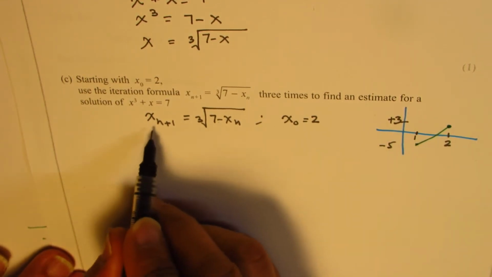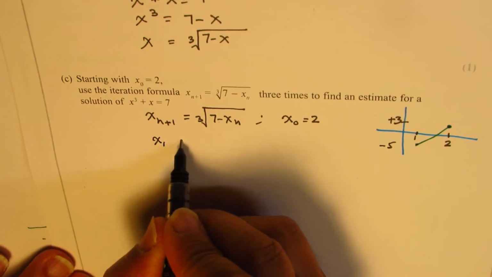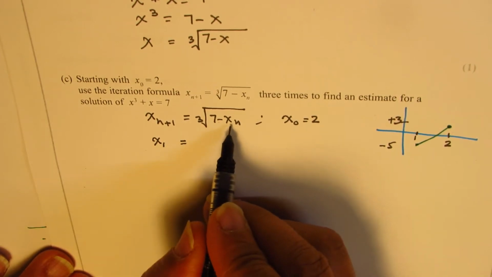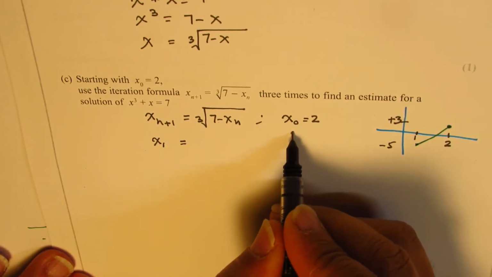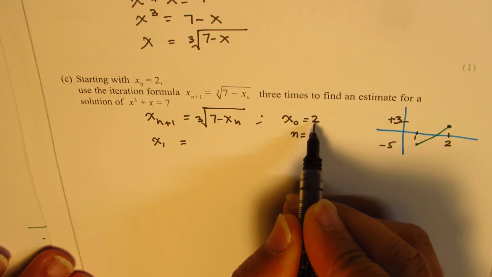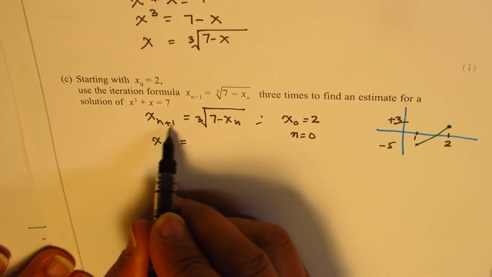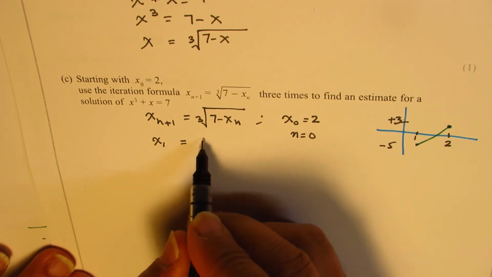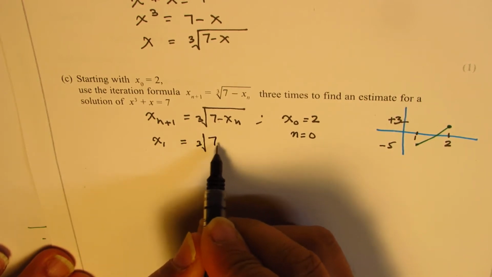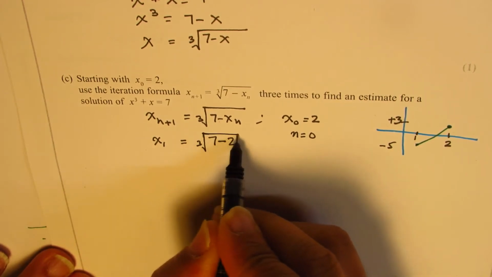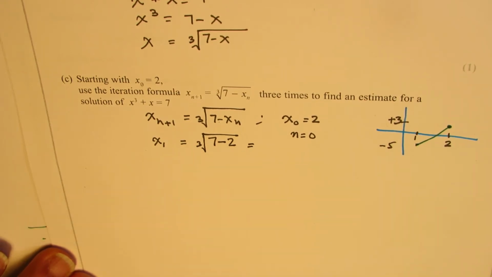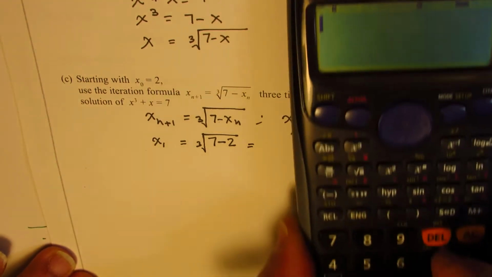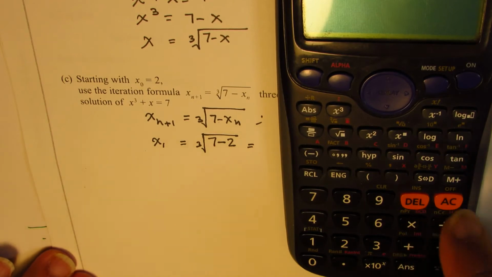So we get our first value of approximation. So we are putting n equals 0, right? So n equals 0 gives us x0 equals 2. So 0 plus 1 is 1. So the first value will be cube root of 7 minus 2. Correct? So let's find this number. It is cube root of 5, right?